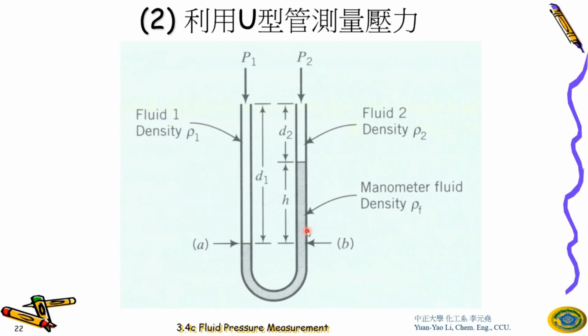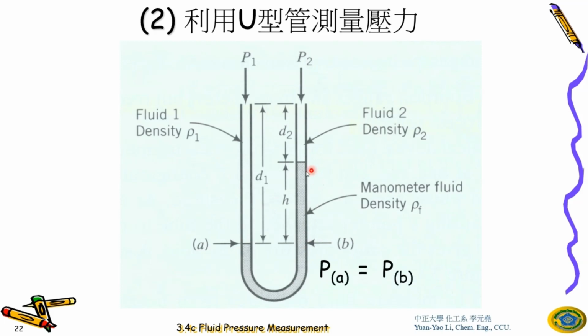All liquids have a vapor pressure, but mercury is very heavy, so you have less pressure. Mercury has a high density compared to other liquids, so normally we use mercury. If you use water, the length will be very high, right?